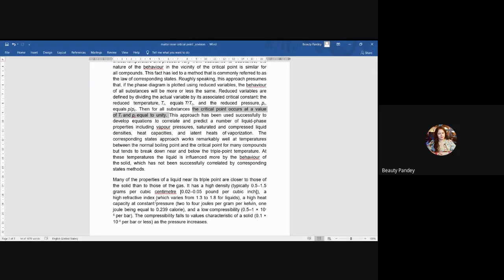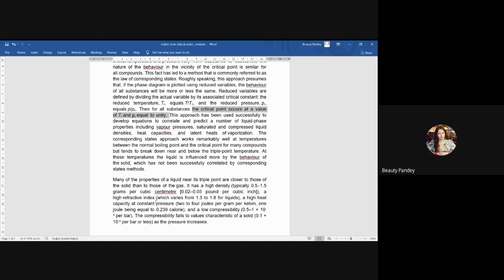Now, how to find the reduced variables? Reduced variables are obtained by dividing the actual variable by its critical counterpart. The reduced temperature is temperature divided by critical temperature, reduced pressure is pressure divided by critical pressure, and reduced volume is volume divided by critical volume.